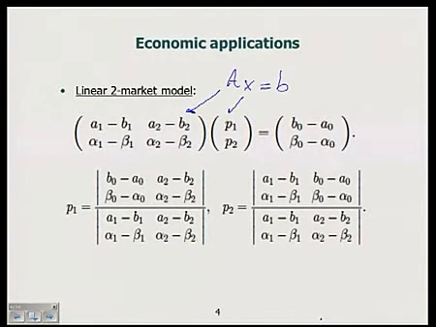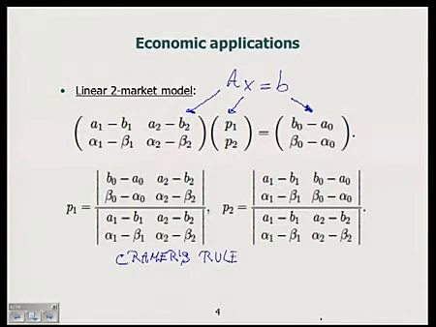The variables that we want to compute, P1, P2, are the X, and then the parameters are B0 minus A0 and beta 0 minus alpha 0. And what we want to do is to compute P1 and P2. And we want to use Cramer's rule. And this is a very simple application to this problem, the two-market model.